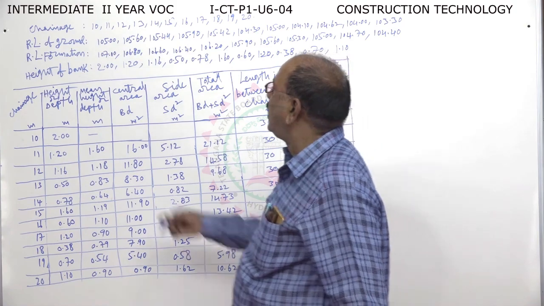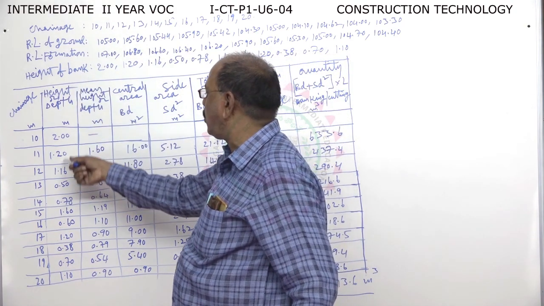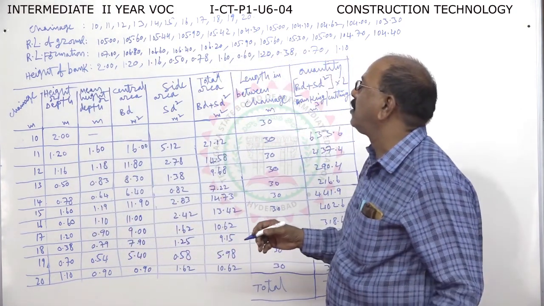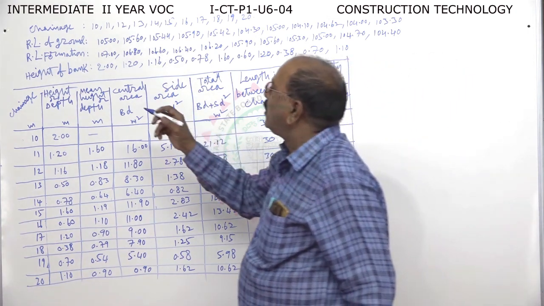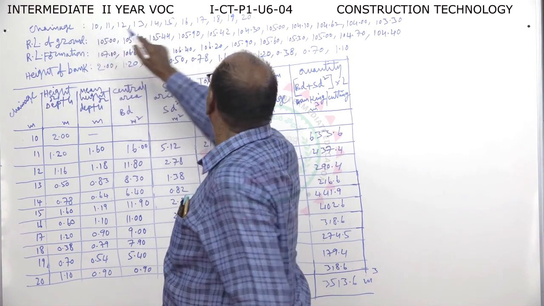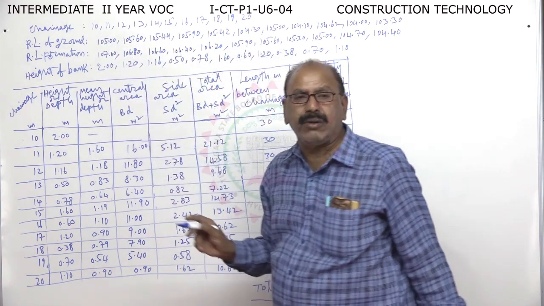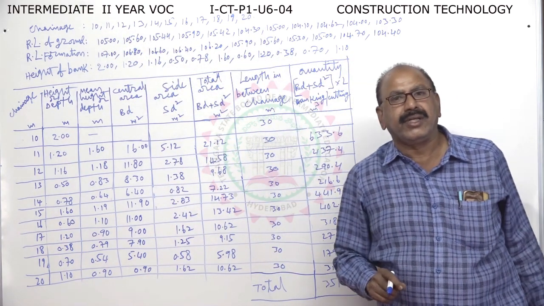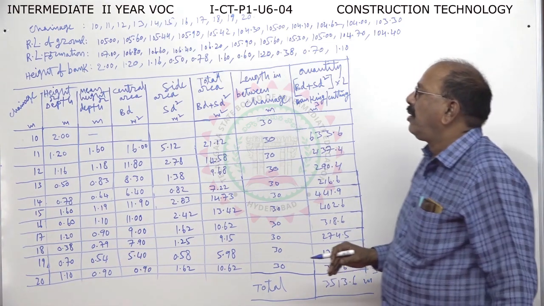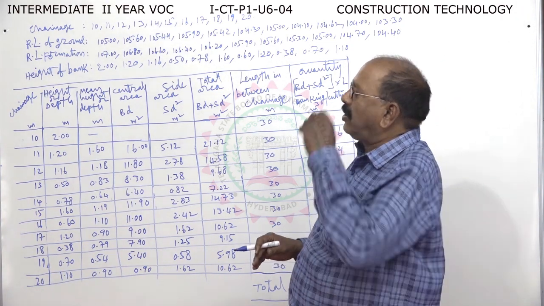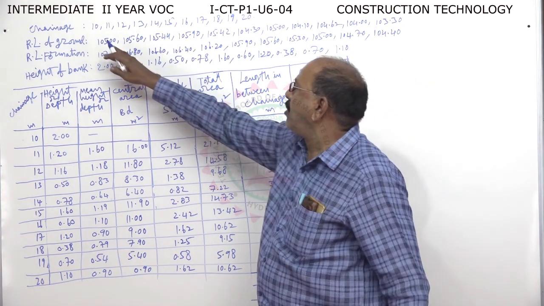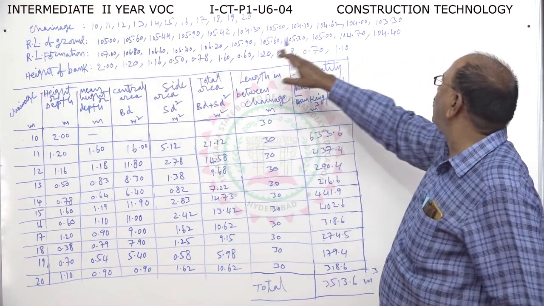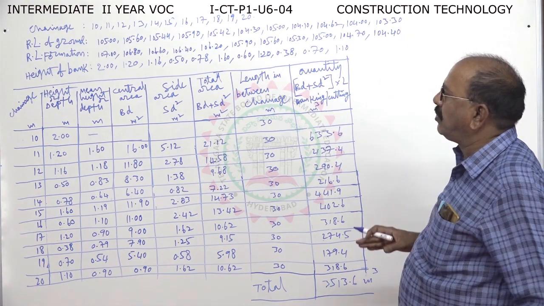Students, till here, the problem is given. This is the solution. Please note this. Earlier I read the problem. Now, chainages are given from 10 to 20: 10, 11, 12, 13, 14, 15, 16, 17, 18, 19, 20. And the RL of the ground, the reduced level of the ground, is also given here from 105 to 103.30.